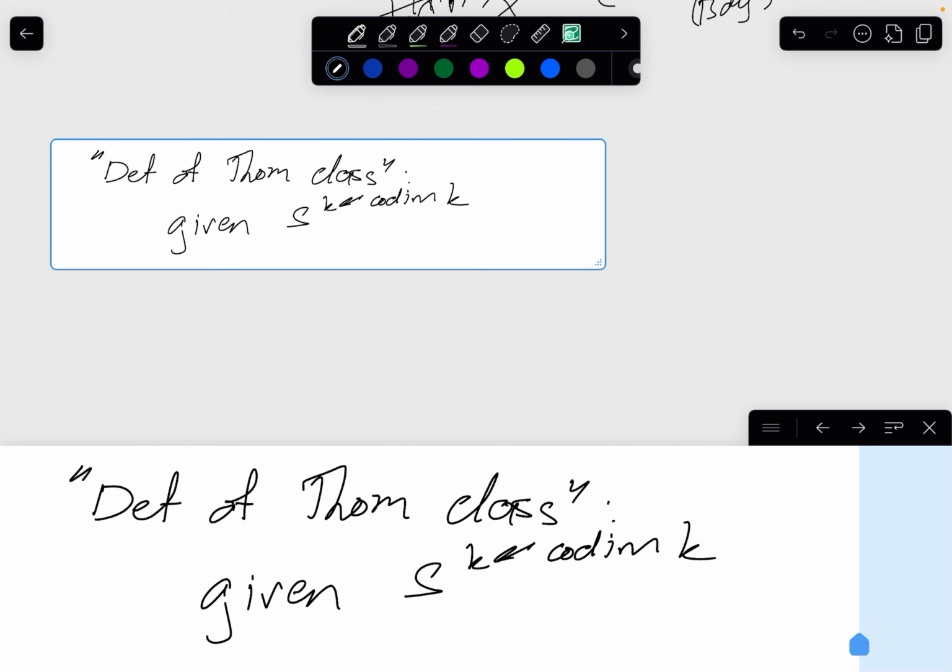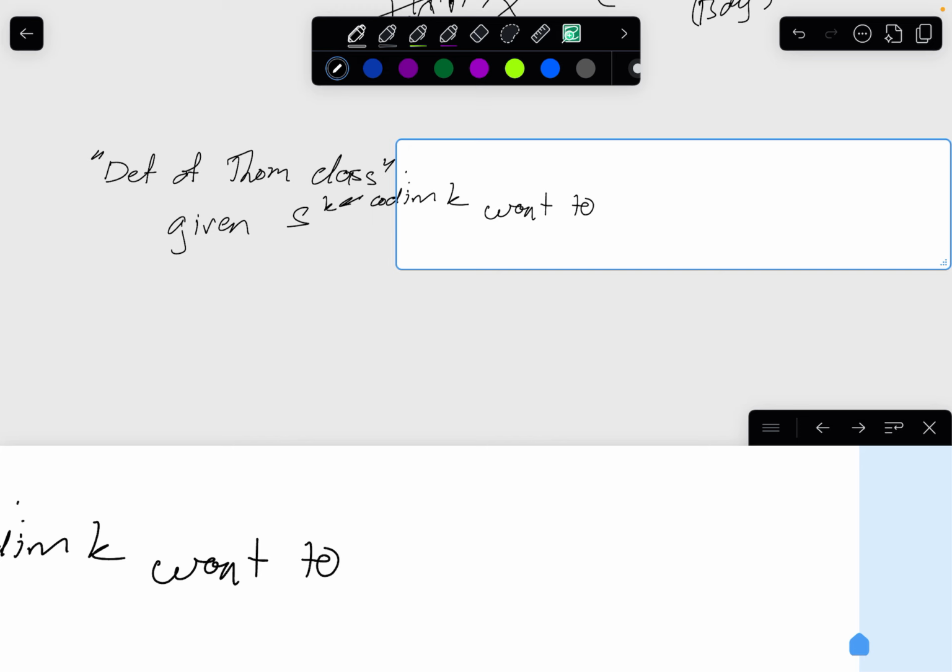Given something of codimension K, we want to, I guess I use a superscript for codimension, usually it's used for dimension, but whatever.